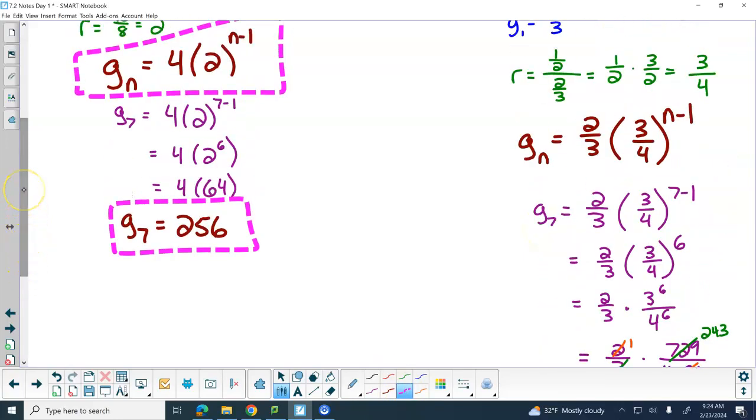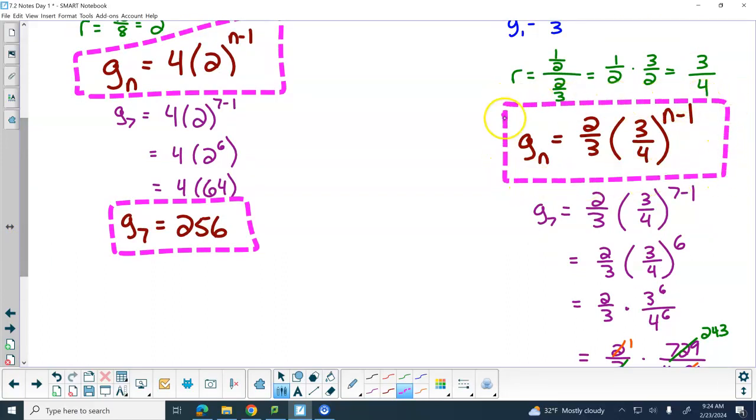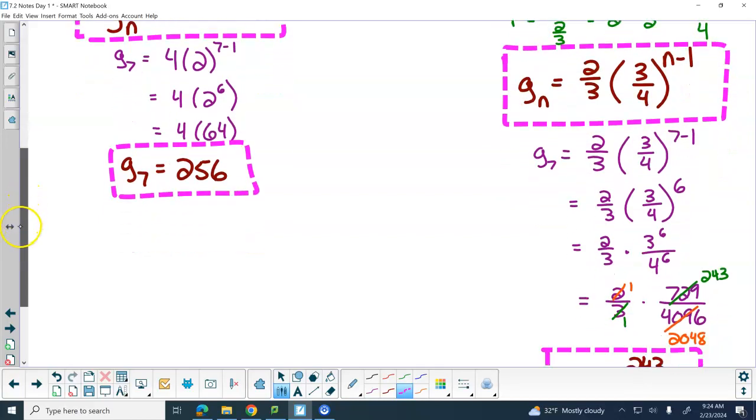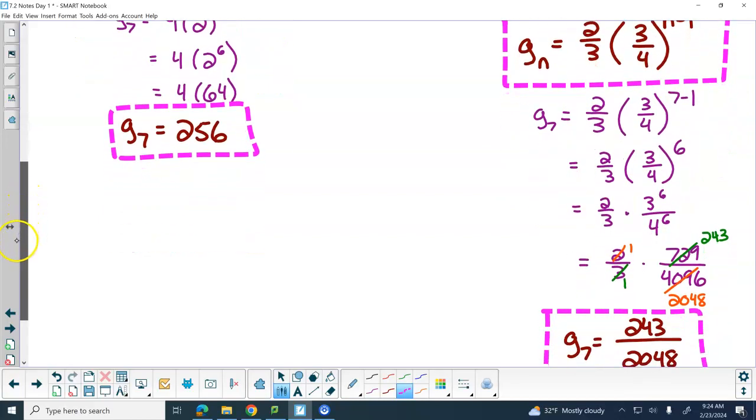I'll save you from asking the question. No, we will not accept decimals. We only will be accepting fractions. What's wrong? As long as it's on top and on the bottom, I can cross it out.